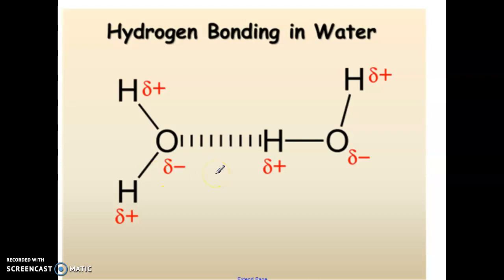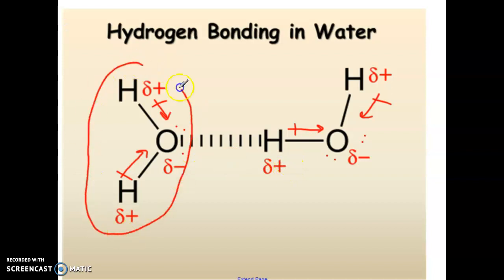And here's our water. The lone pairs are not drawn in, but I'll explain what's causing this attraction. The slightly negative end of one molecule is attracted to the slightly positive end of the nearby molecule. Every slightly negative end is attracted to the positive end of the next molecule.